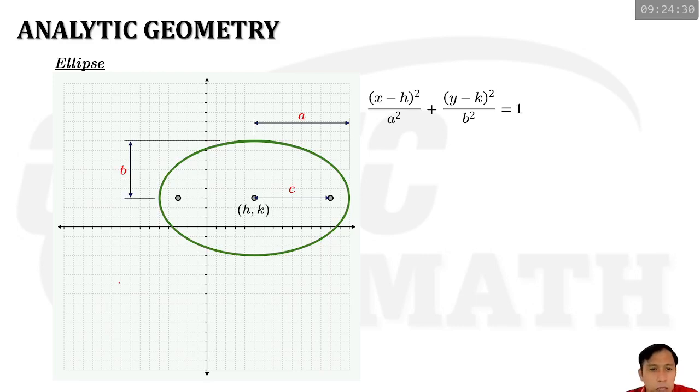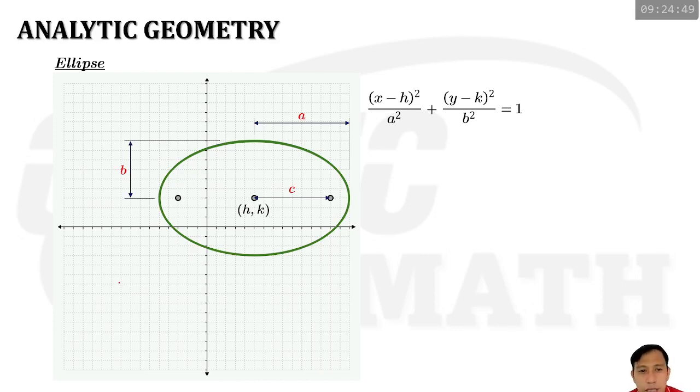Okay? Yung equation ng ellipse na yan is x minus h squared over a squared plus y minus k squared over b squared equal to 1. No? So, kung ano yung longer na dimension, yan yung nasa denominator.